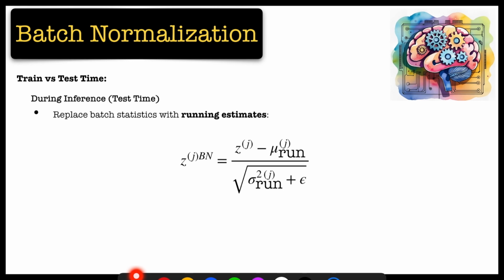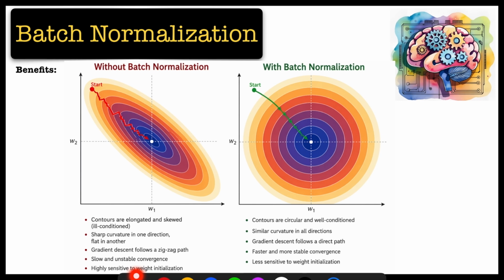batch normalization. Now lastly, the benefits, which of course we have already discussed. I'll just summarize quickly: without batch normalization and with batch normalization. Without batch normalization, you see the contours look elongated and skewed, and it is ill conditioned. Sharp curvature in one direction, flat in another.